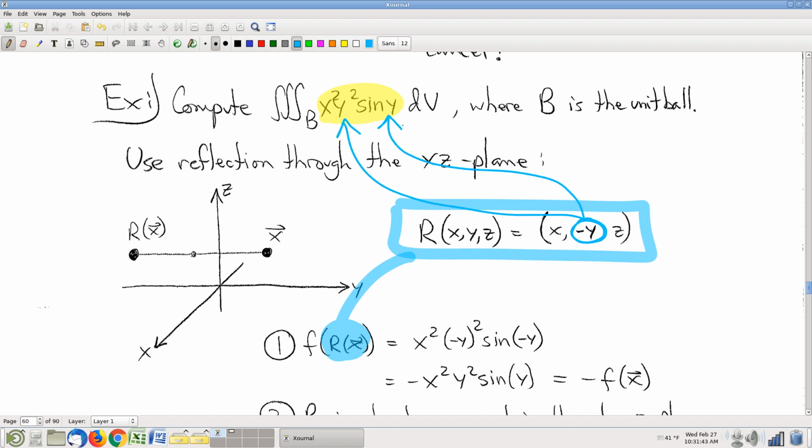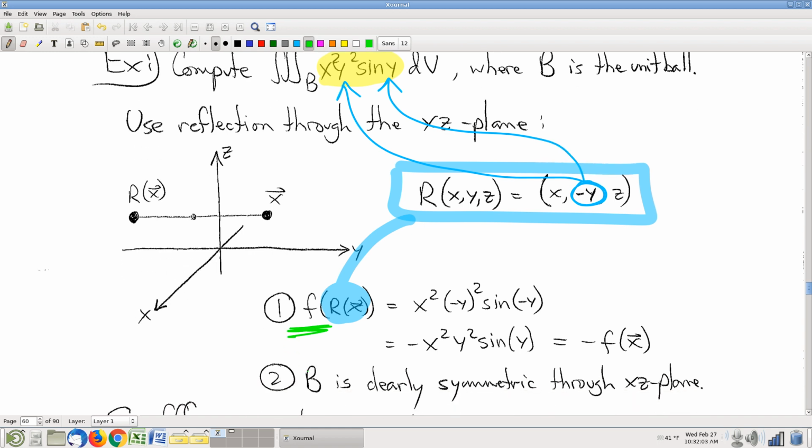I get a minus sign in there. That factor y squared kills the minus sign. But sine y is another odd function. So sine of negative y is negative sine of y. And so in this calculation, where we're evaluating f at the reflection point, that is negative sine y.